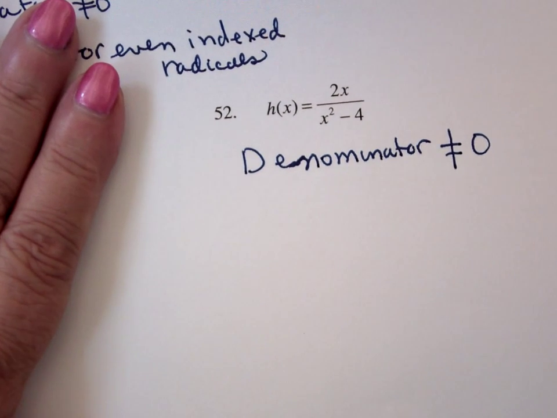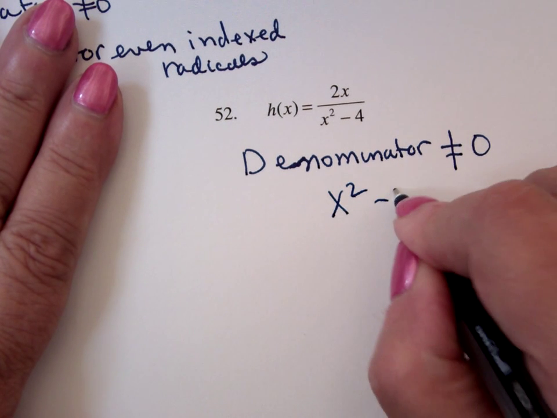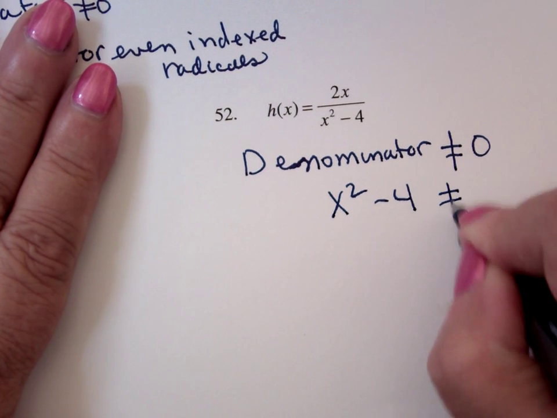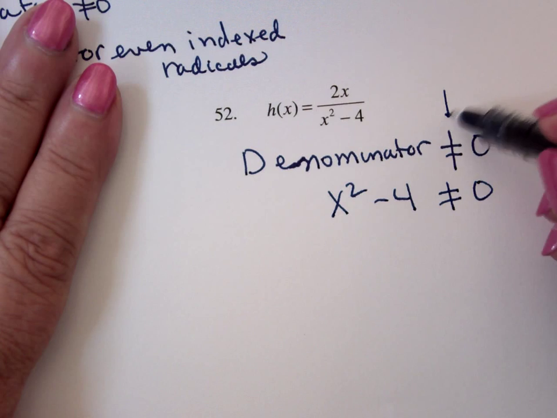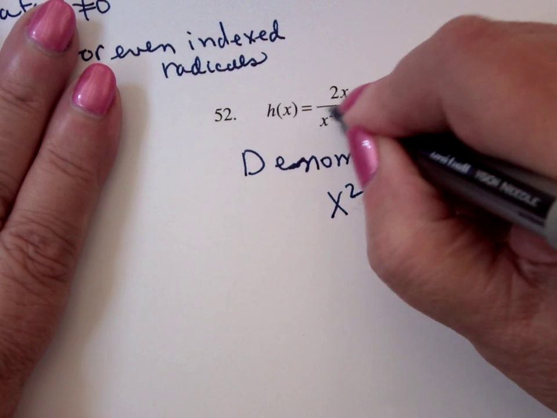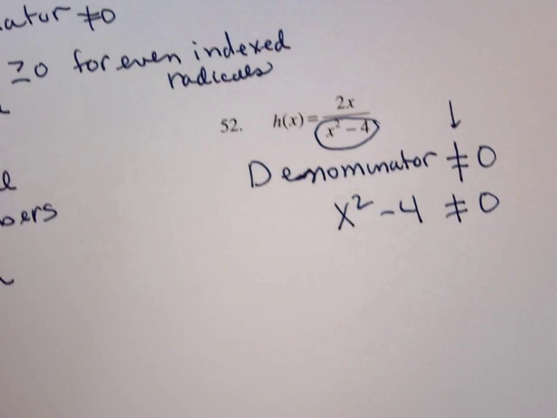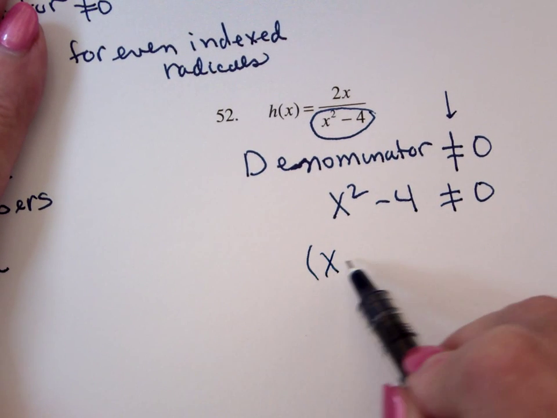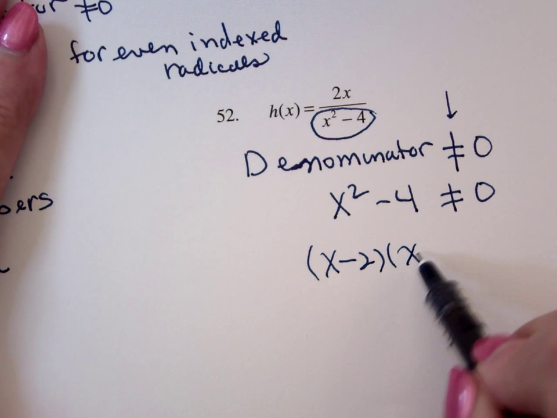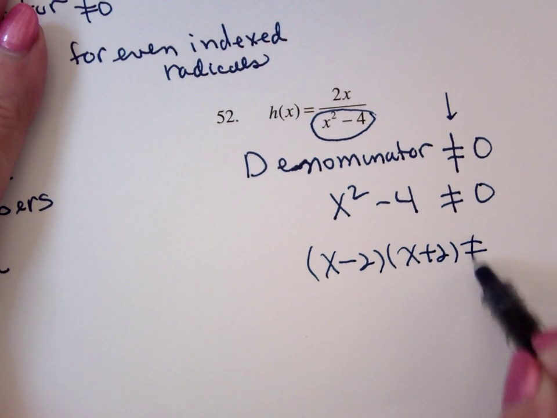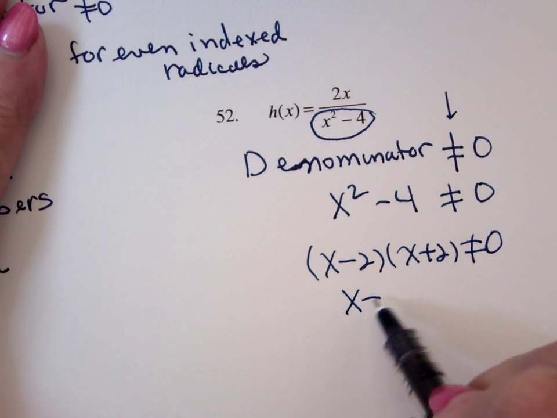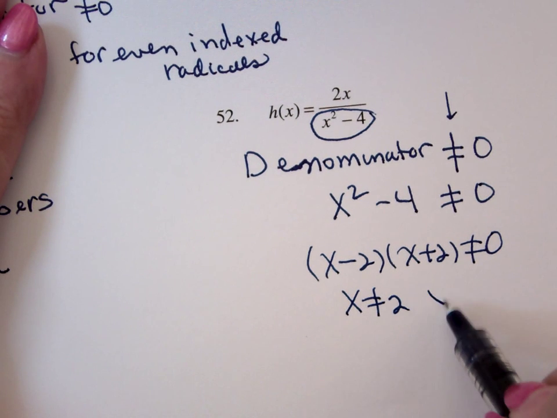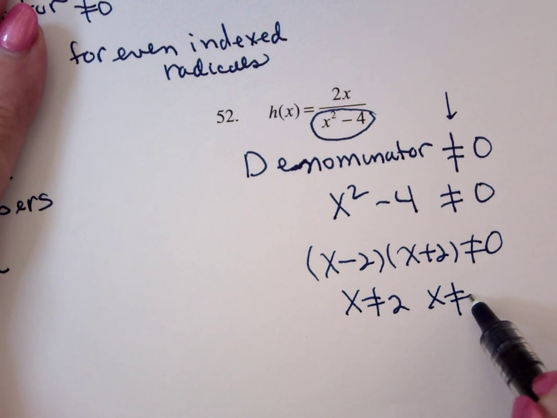The denominator is x squared minus 4. It can't be 0. I don't care what the numerator is doing. This is the difference of squares, so x minus 2, x plus 2 can't be 0. X can't be 2. X can't be negative 2.